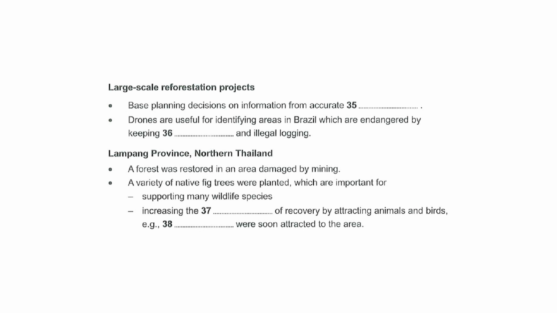After spreading 60 centimeters of topsoil, they planted 14 different native tree species, which included several species of fig. Figs are a keystone species because of the critical role they play in maintaining wildlife populations. They are central to tropical reforestation projects as they accelerate the speed of the recovery process by attracting animals and birds which act as natural seed dispersers.